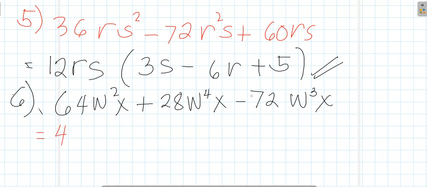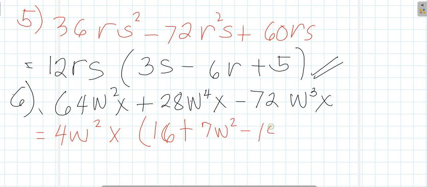How about w? The common is w, and the least exponent is 2. Then we have here x. Then divide. So this is 16 plus 7w squared minus 72 divided by 4 is 18w.